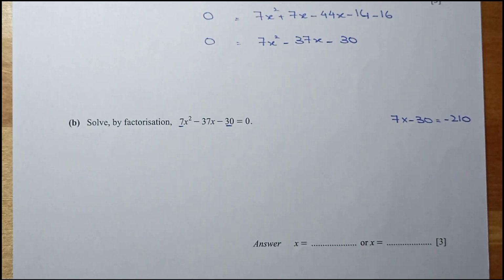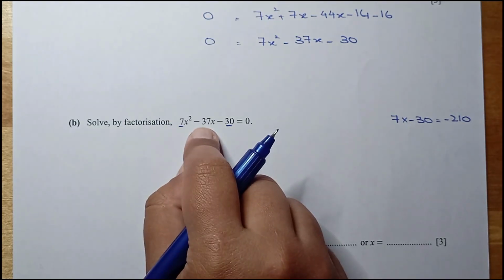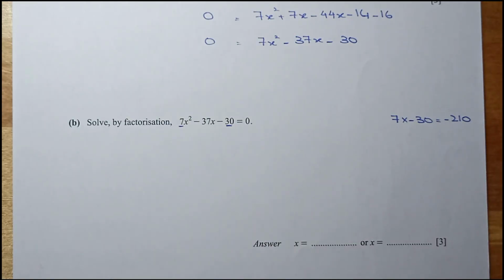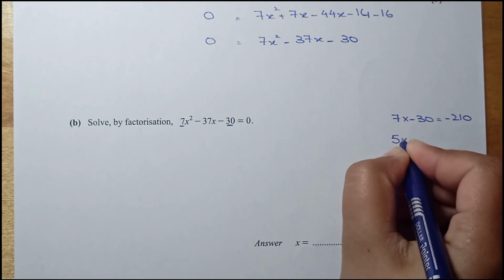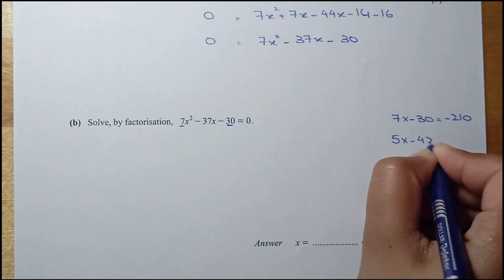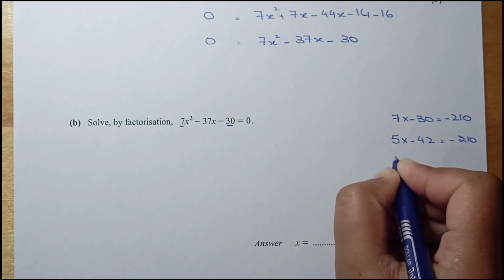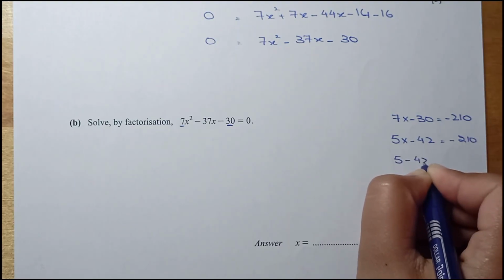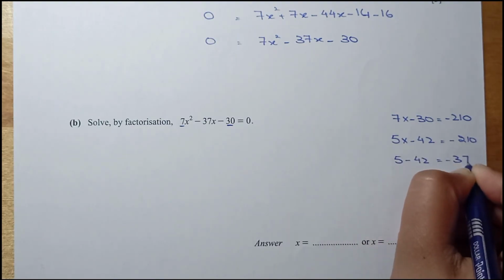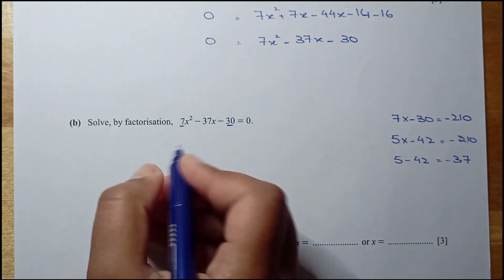Now we need to find the factors of minus 210, and their sum must be minus 37. So if we do 5 times negative 42, this is minus 210. And if we do 5 minus 42, this is minus 37. So we can break the middle term easily.